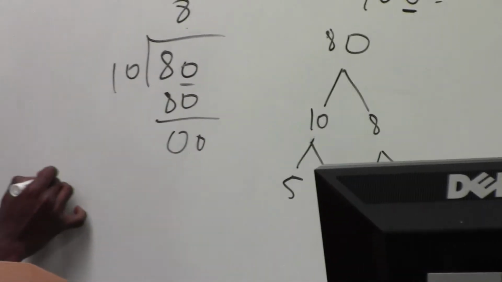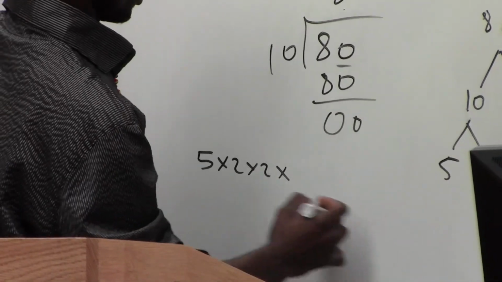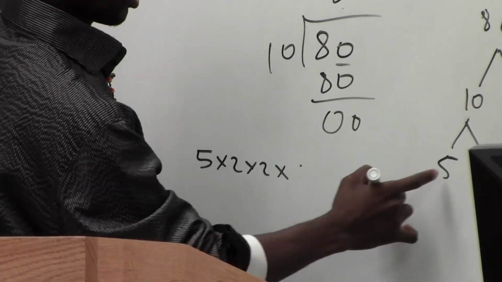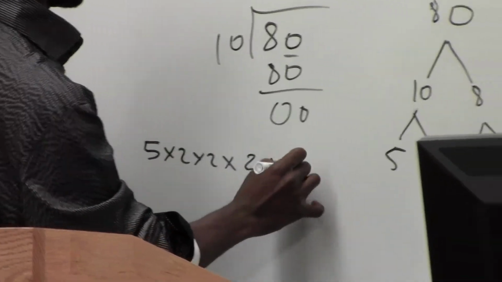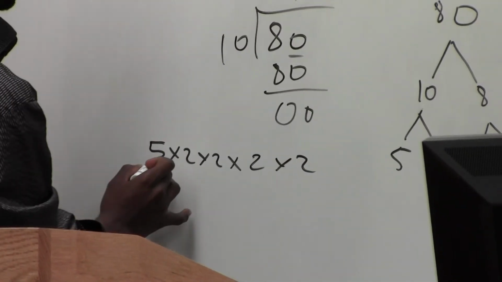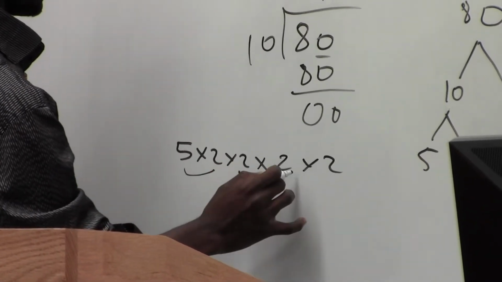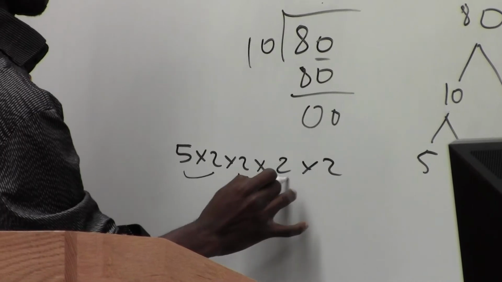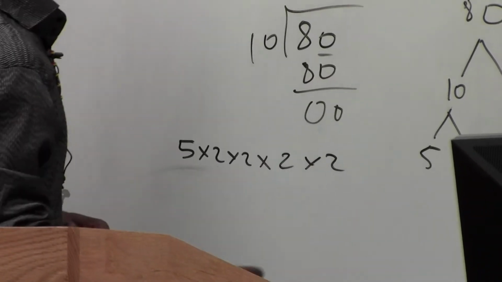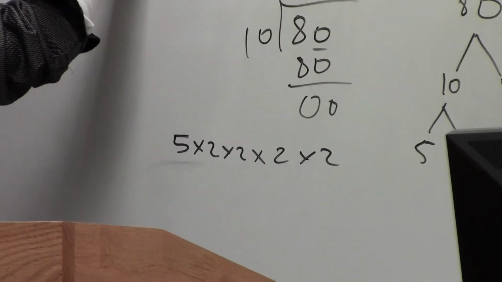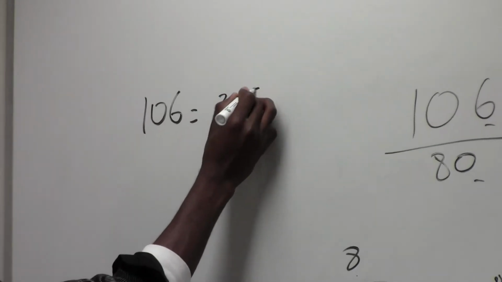So basically you're going to have 5 times 2 times 2 times 2 times 2, because this gives me 10, 20, 40, 80. So in this case, 106, the farthest I can go is 2 times 53.